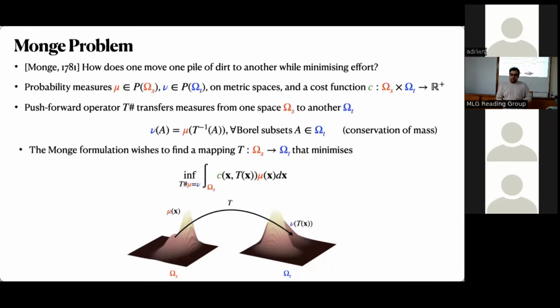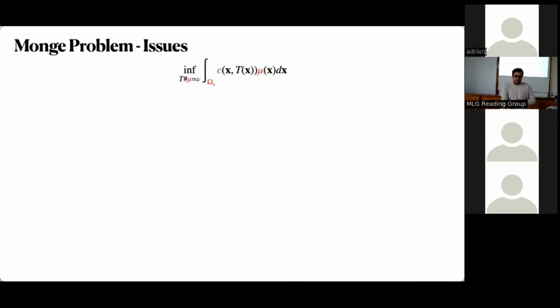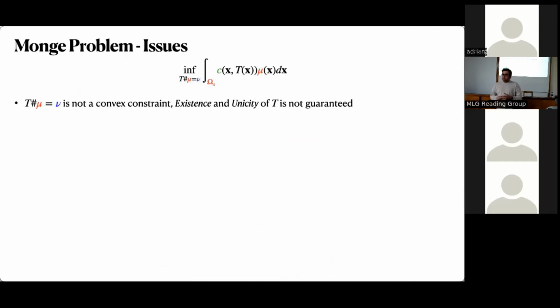Now, this is a deceptively simple integral to solve, but it turns out that this has a lot of issues. The first thing is that push forward of mu equals nu is not really a convex constraint. It's not easy to write it down in any sort of Lagrangian form and solve it easily. You're not really guaranteed the existence of a T for any two given measures. You're not guaranteed that if it does exist, it is unique.